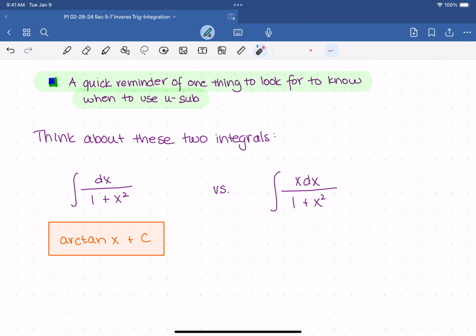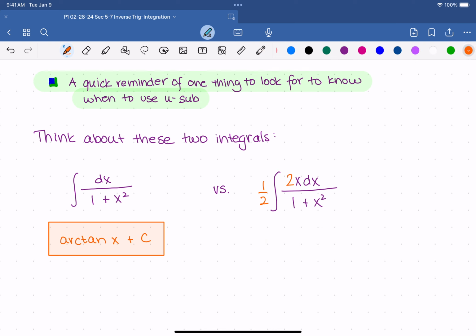Well, the thing to notice on the other one is we have the derivative of the bottom in the top. I mean, we're off by the 2, but the derivative of the bottom would be 2x. I can make up for that by doing this. Now I have the derivative of the bottom in the top. That's a natural log problem.